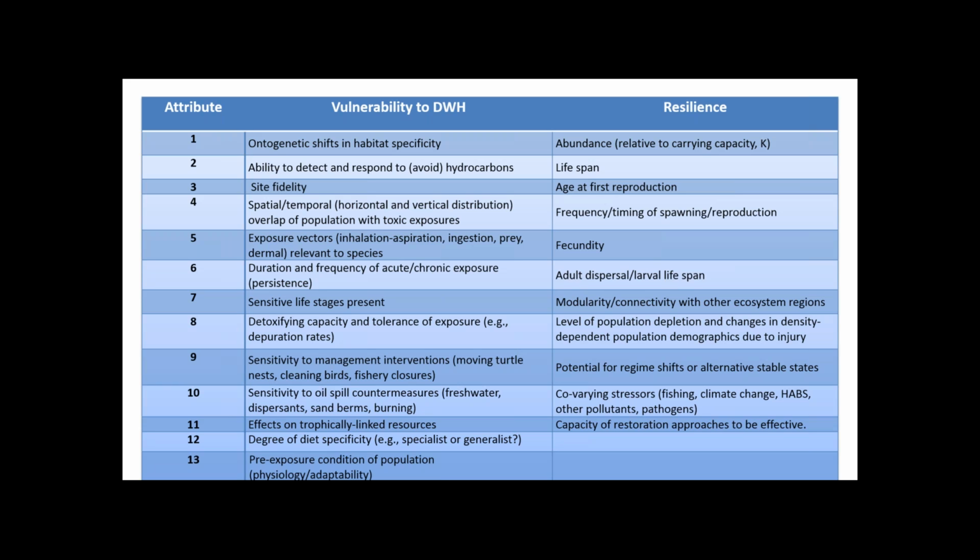And so much like PSA analysis, which is known in fisheries, there are a series of attributes that one can assign, and these are based on, in the case of vulnerability, where the animals are relative to the timing and concentrations of things like the oil itself and the countermeasures, and then what factors in the populations impact resilience, like their lifespan, age of first reproduction, fecundity, et cetera.